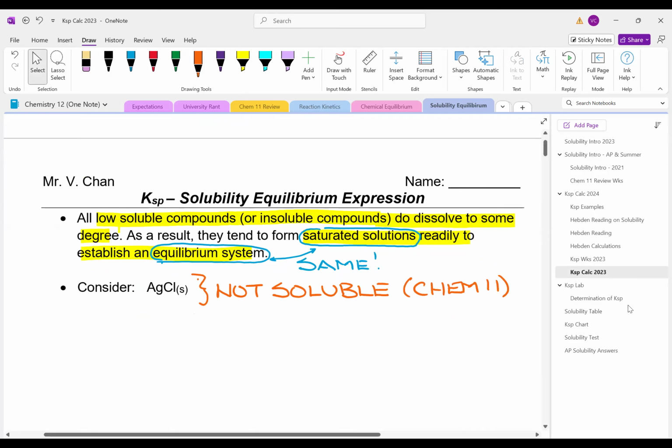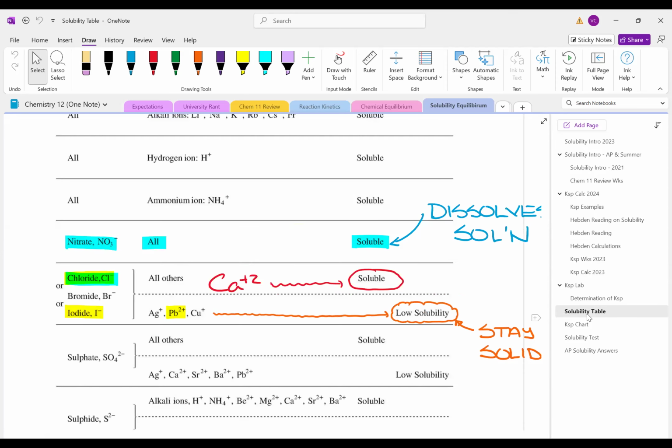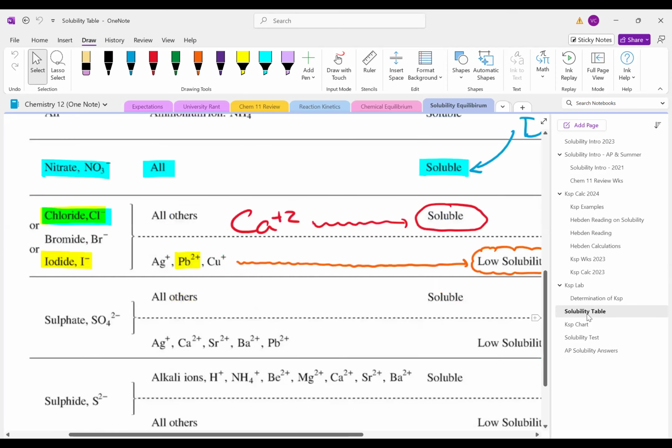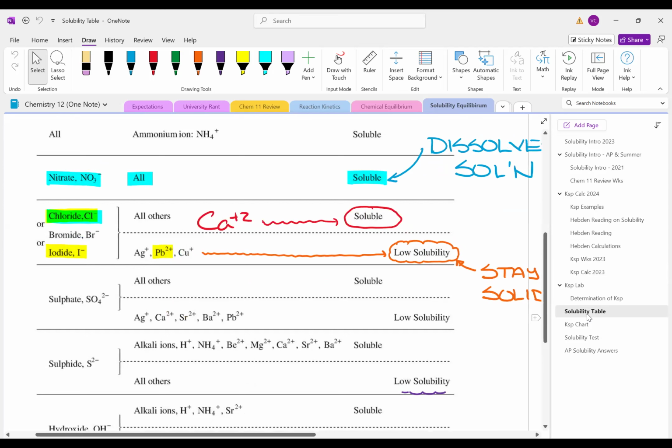Remember we had the solubility table? And what we would do is go to chlorine right here with silver, look across, and say that's low solubility. But in actuality, it is not.